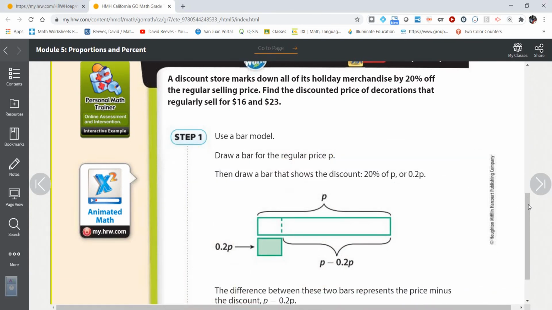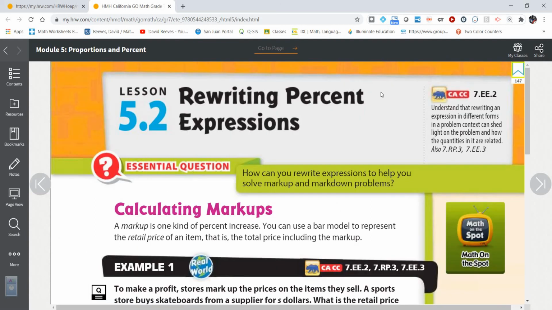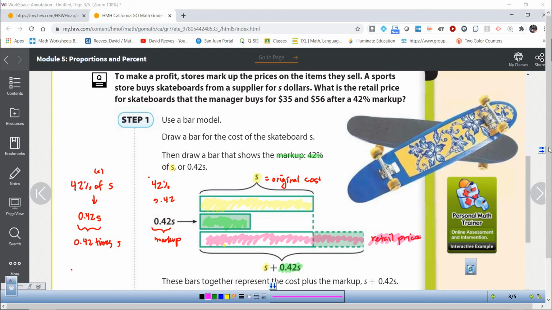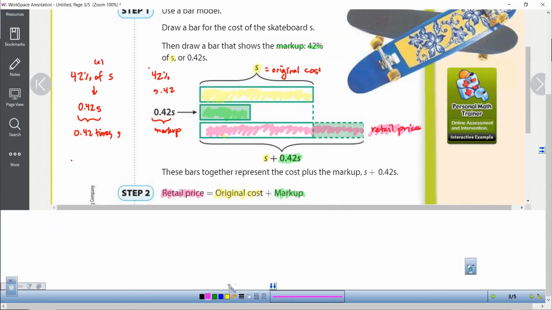All right, there's one more thing I want to show you before I end this video, and then in our next video we'll actually do some problems. There are multiple ways to write this expression. So let's go back to where we were before with our markup. We had s plus 0.42s, and that is one way to write the markup.